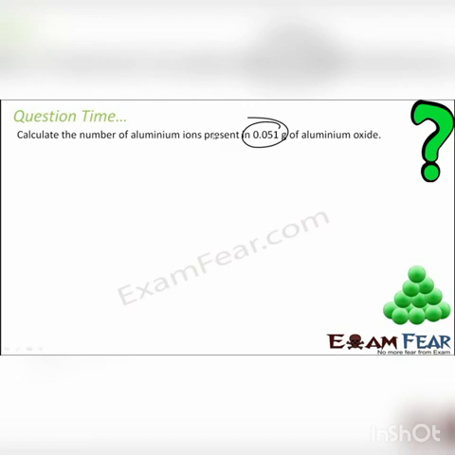Calculate the number of aluminum ions present in 0.051 grams of aluminum oxide. So let's see, aluminum oxide, Al2O3. You break this into ions, you get 2 Al3+ and 3 O2- ions. So 1 mole of Al2O3 gives actually 2 moles of aluminum ions, right?